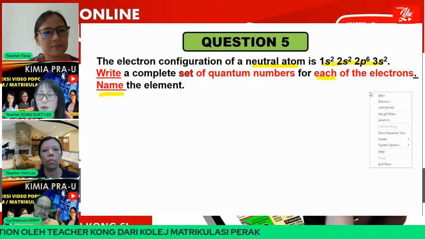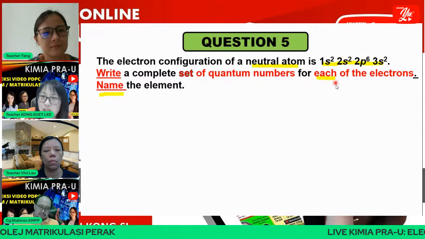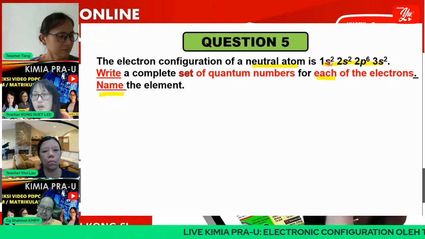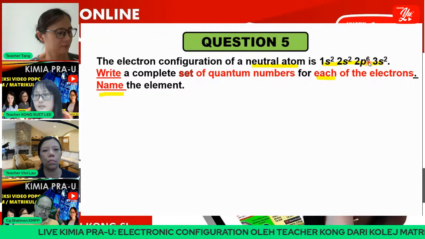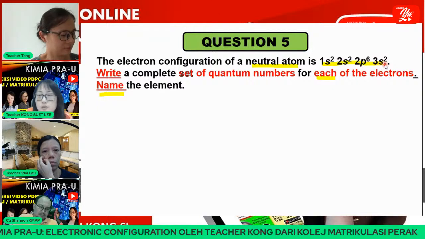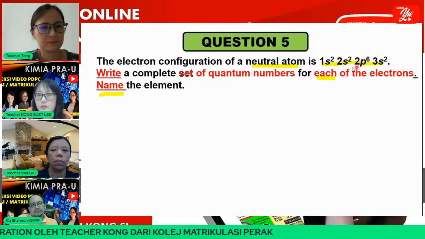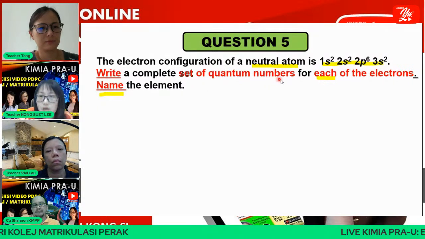This question is actually simple, but quite tough because you need to state each of the electrons, meaning you check how many electrons there are in this case. 1s2, 2s2, 2p6, 3s2: that's 2 plus 2 plus 6 plus 2, so there are 12 electrons for this neutral atom. So you have to write a set of quantum numbers for each.